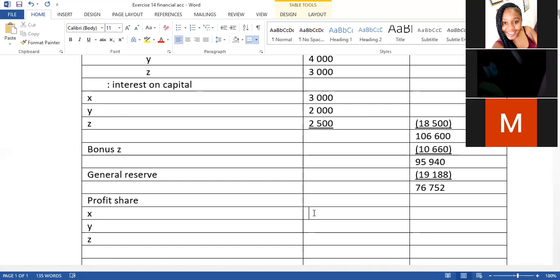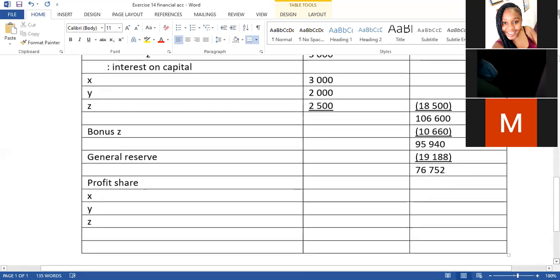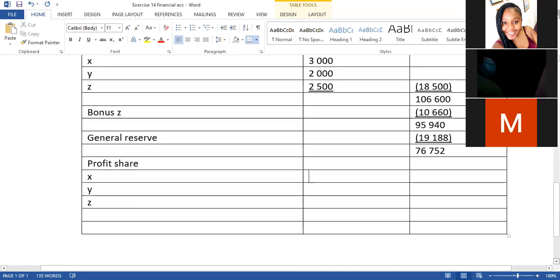So please listen very carefully. Now what you do is you add all those three numbers together. 6 plus 3 plus 1 will give you 10. So meaning that X will get 6 over 10 multiplied by the profit in total.